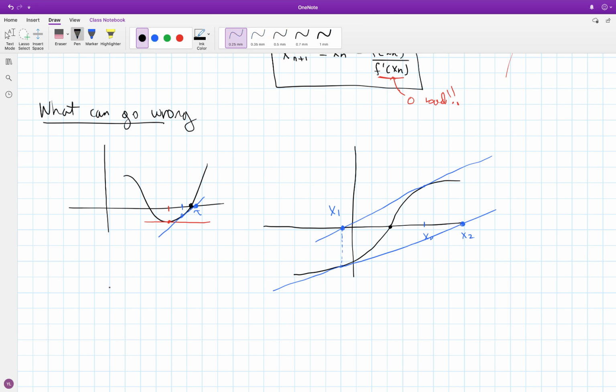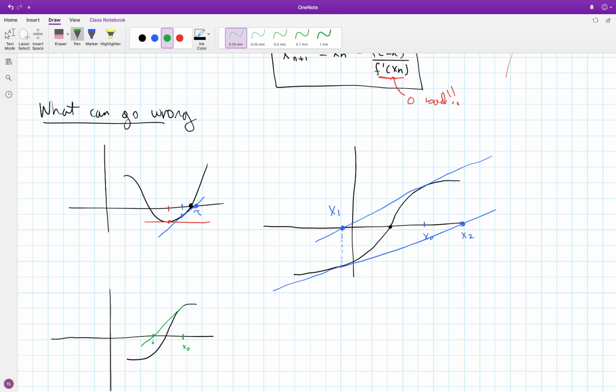And then the last one, it's hard to draw, but let me give it my best. Supposing, again, a similar sort of geometry. If you get yourself into a very particular situation, Newton's method might be producing something like this. So let's say your first guess is here, and the tangent line comes and hits here.